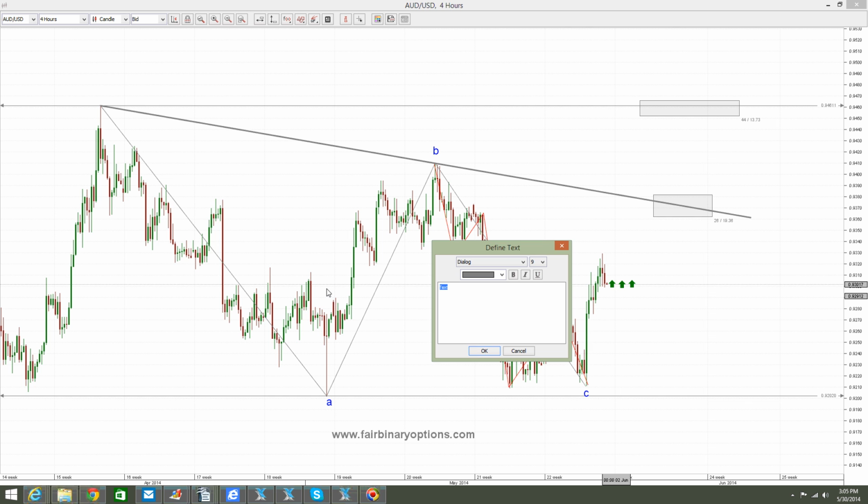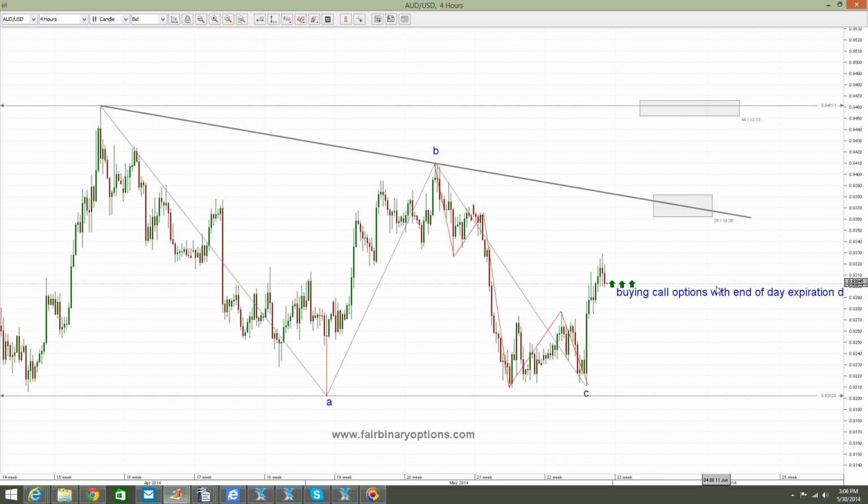It is important for the option to expire when the US markets are closing, and the US markets are closing at 8 GMT. So buying call options with end of day expiration date for the Australian dollar, US dollar, as this flat here, ABC, seems to be completed.